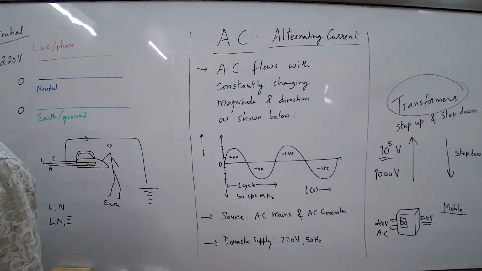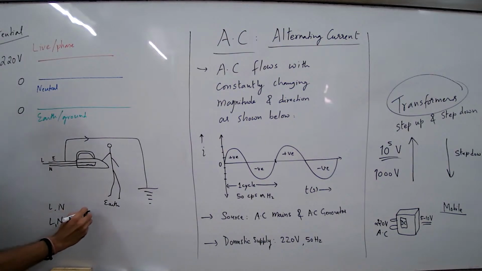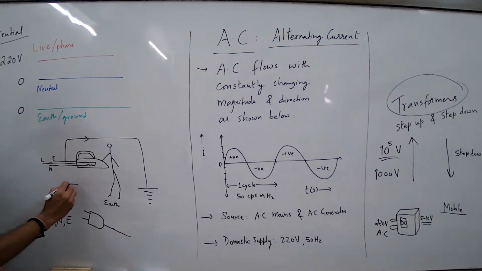So this is a schematic diagram. It is difficult to draw, but what I'm trying to say is, in all devices you see this. Either you get a 2-pin plug, like in the case of a mobile adapter, which connects your device, and then it hooks into a socket.